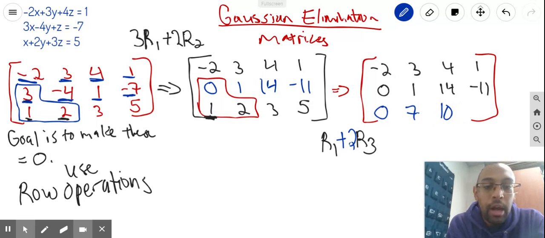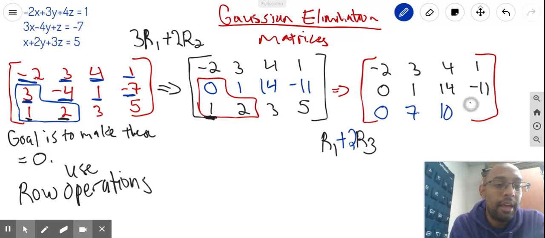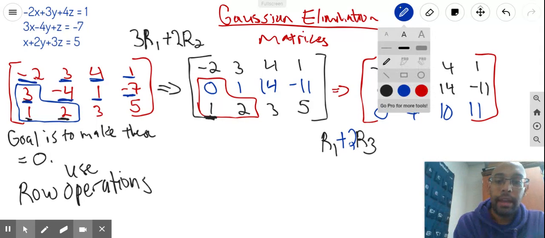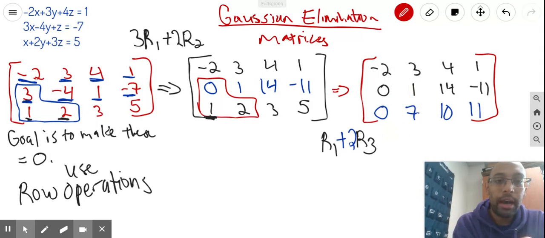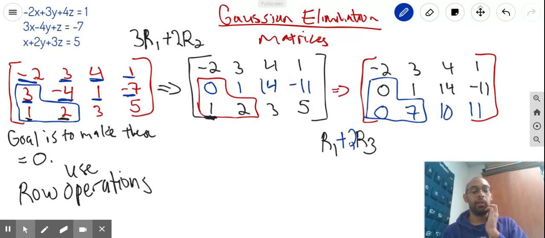And then 1 plus 2 times 5. 2 times 5 is 10, plus 1, that's 11. And once again, highlighting the key thing here, we now have 2 of the 3 locations are 0. So now I just have 1 more to deal with.